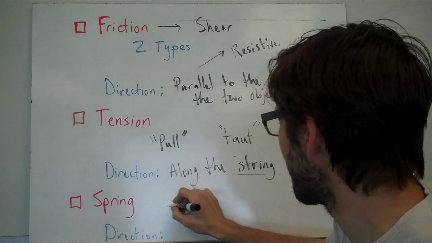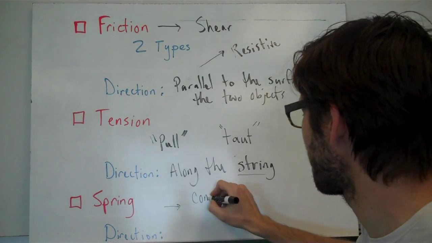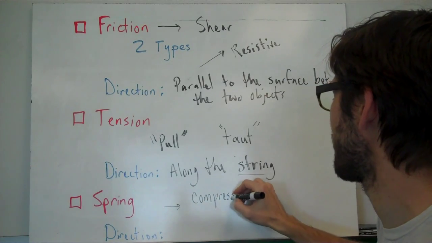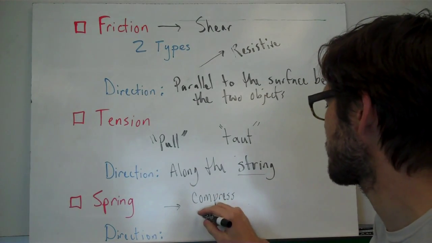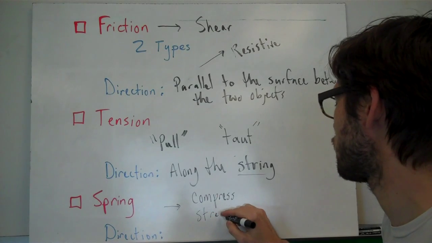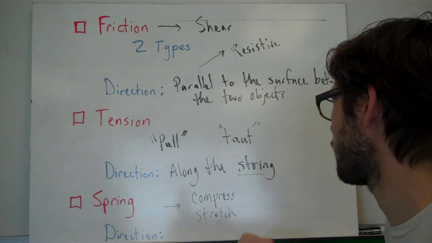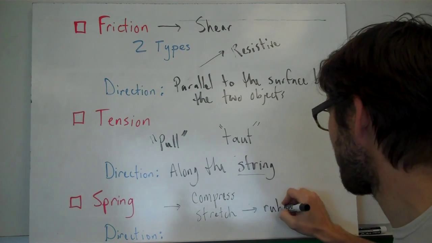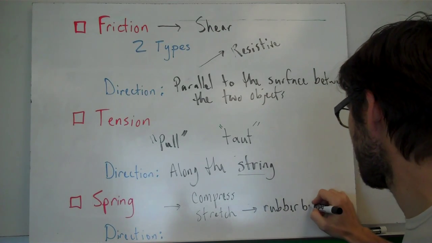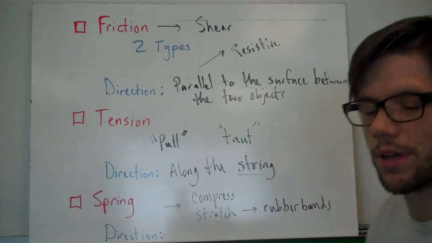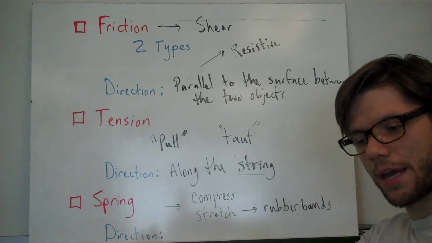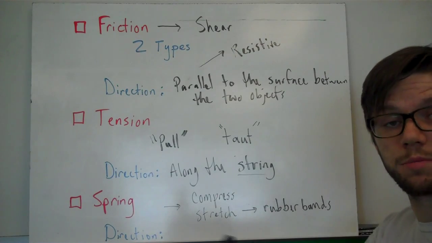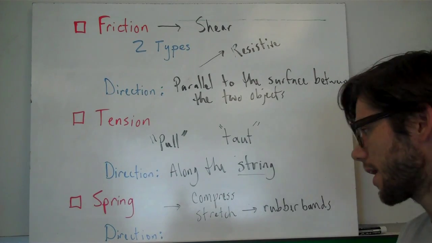So the important piece of reasoning you have to think about is something that can compress or stretch. For the stretch case, I like to think about rubber bands, because they're everyday objects, and a stretched rubber band causes a force because of its stretch.